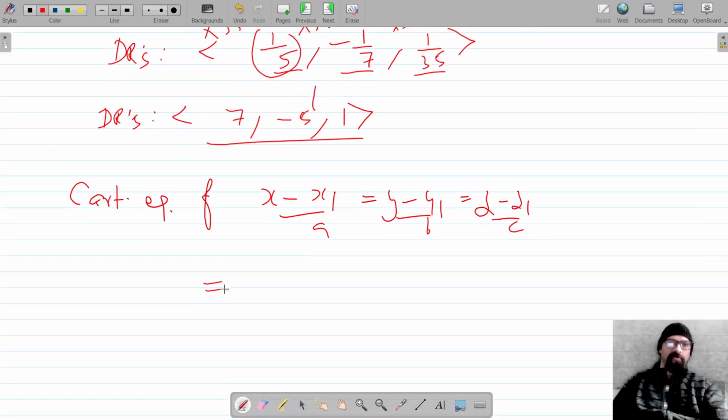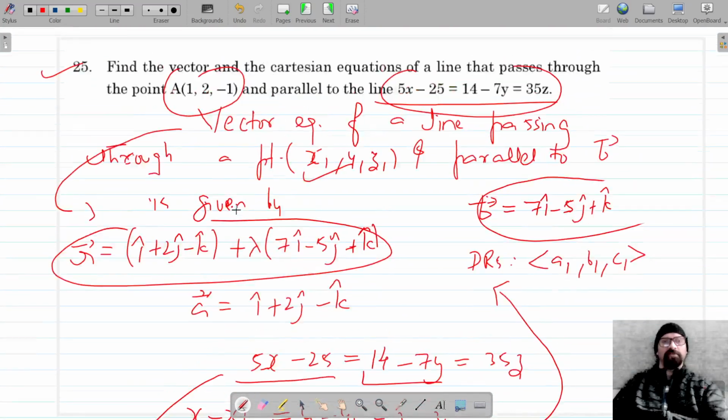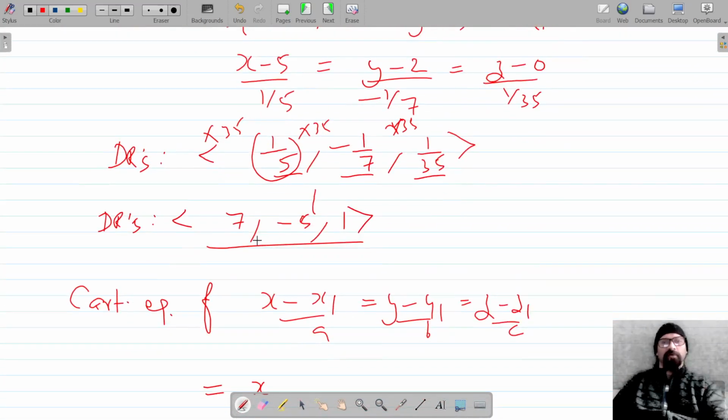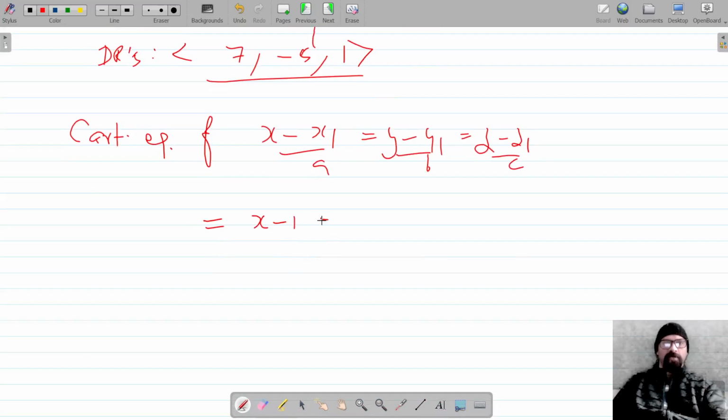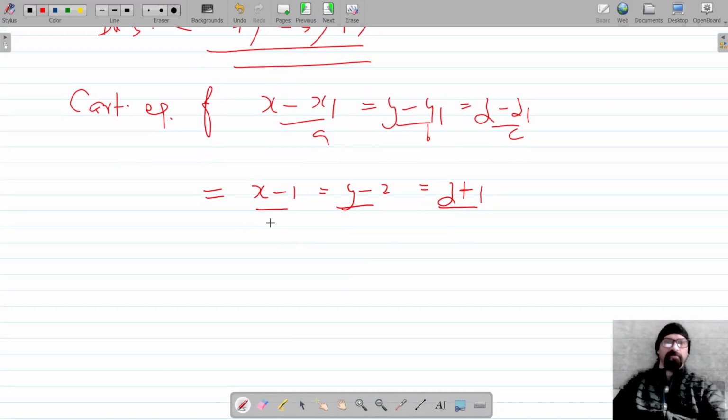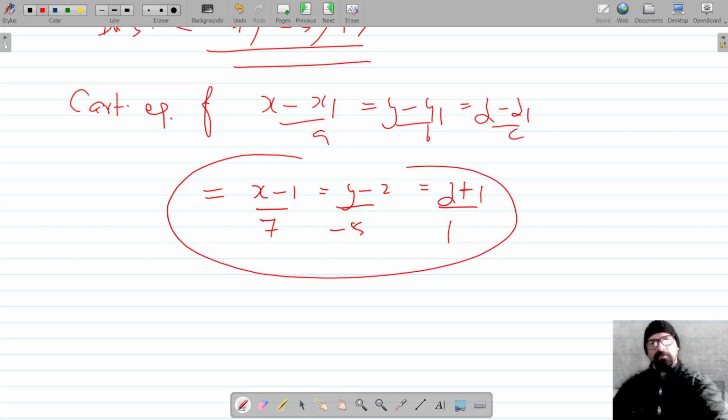And x1, y1, z1 are the coordinates of the point through which it passes, which are 1, 2, and negative 1, so here it will be plus 1. Okay, and a, b, c are the direction ratios of the parallel vector, which are 7, negative 5, and 1. So this is the required Cartesian equation: x minus 1 by 7, y minus 2 by negative 5, z plus 1 by 1.